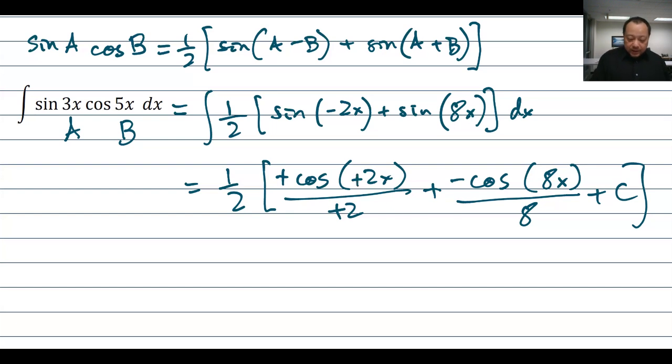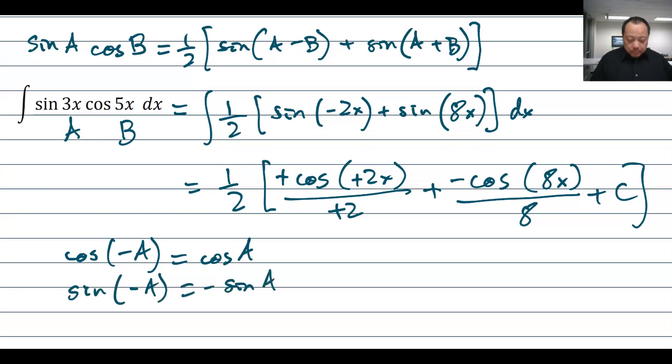So that negative cancels also. Yeah, cosine is an even function, whereas sine is an odd function. And because tangent is sine over cosine, therefore tangent is also odd. So those are some little trig facts that you also need to know.